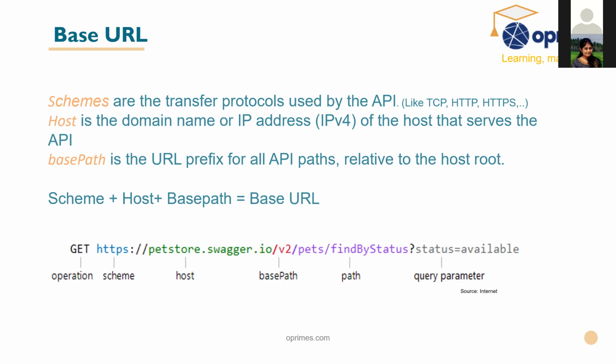Whatever the category, you can filter as part of the path, that comes under the parameter side. But to reach that, you will need some path, right? So it is the path between the resource and the hosted server. Okay. So all together, scheme plus host plus base path is equal to base URL.